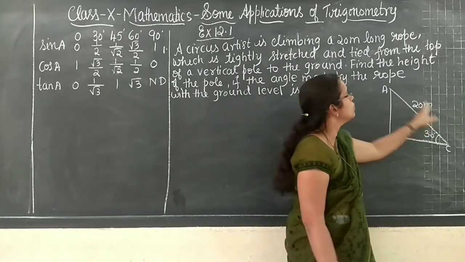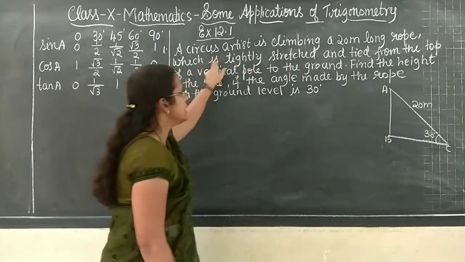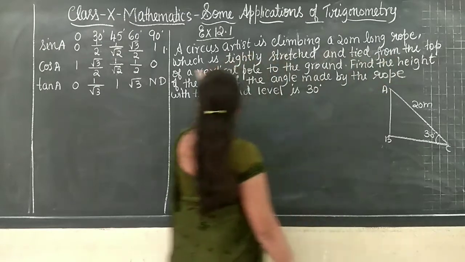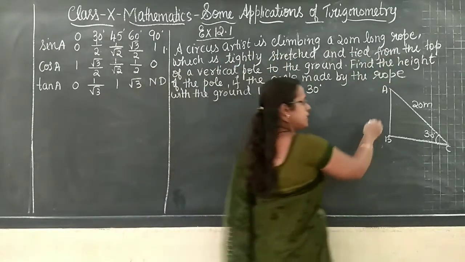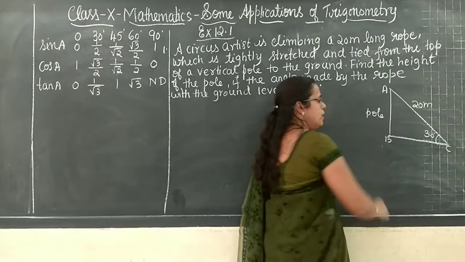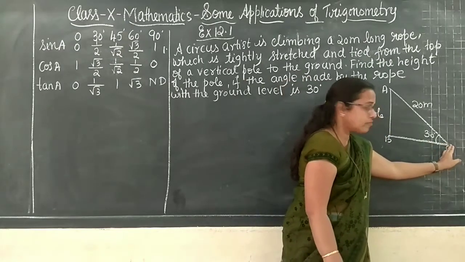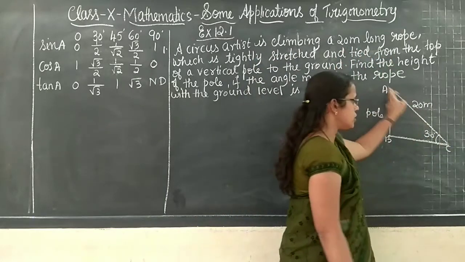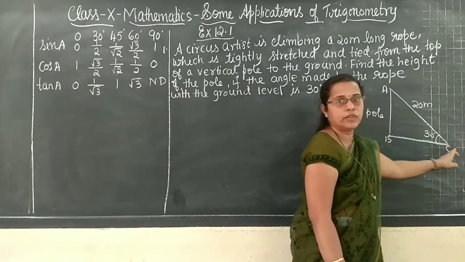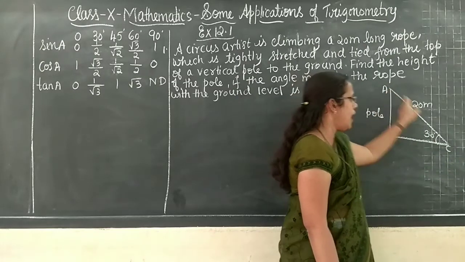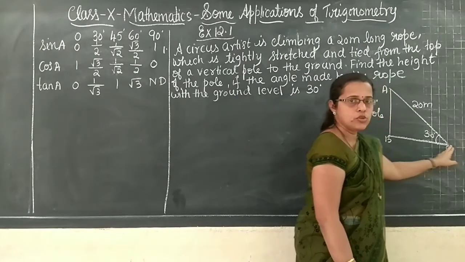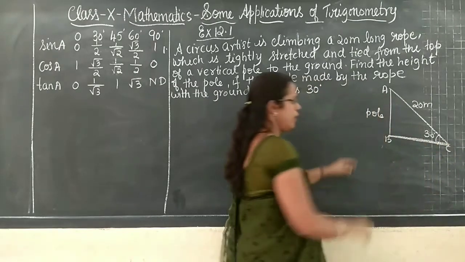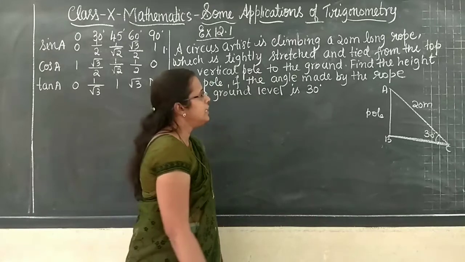The rope is tightly stretched and tied from the top of a vertical pole. So this is a vertical pole, and the rope is tied tightly to the ground. It is attached to the pole and to the ground. So we join and you get a right angle triangle.